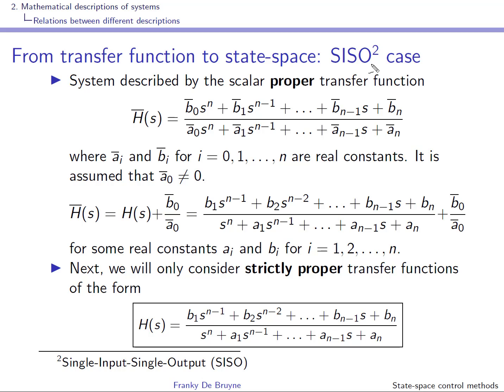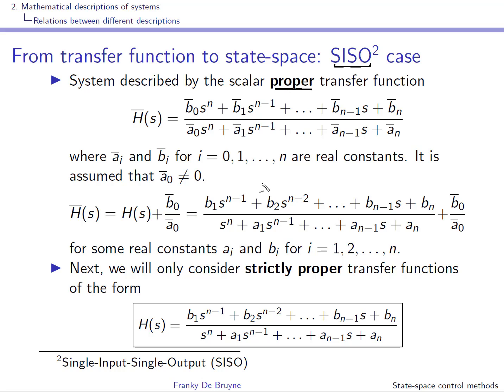So in this slide, we go from a transfer function representation to a state space representation, and we do this in the single input, single output case. In the multivariable case, this is much more complicated, and this goes beyond the scope of this course. In the multivariable case, you arrive at a state space representation as we have done before through modeling and linearization. Okay, so suppose that you're given a transfer function and that it is proper but not strictly proper.